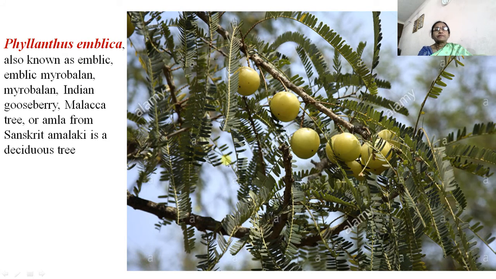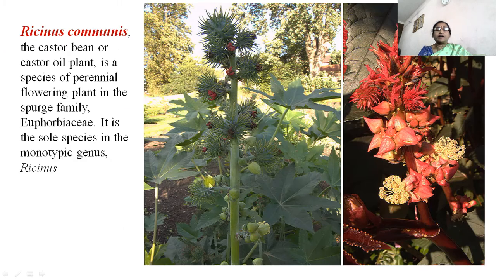Then Phyllanthus emblica, known as emblica or amla, amalaki, and all of us know that this is a rich source of vitamin C and very rich in medicinal property. So everyone knows this plant and the fruits of this plant.